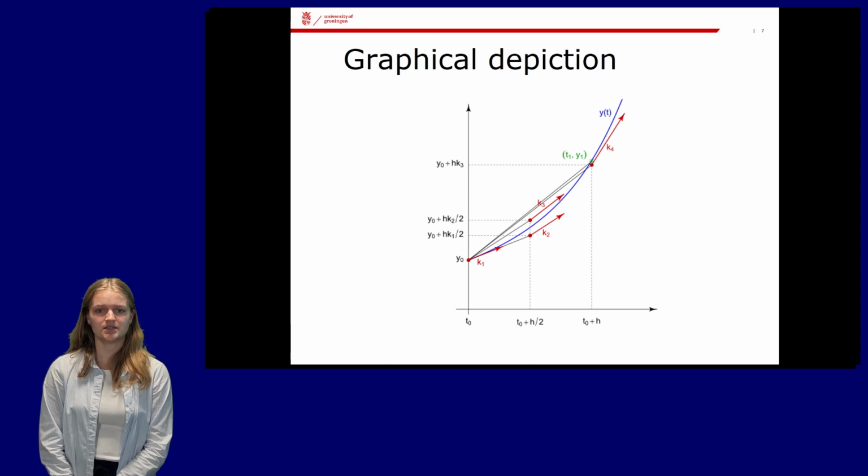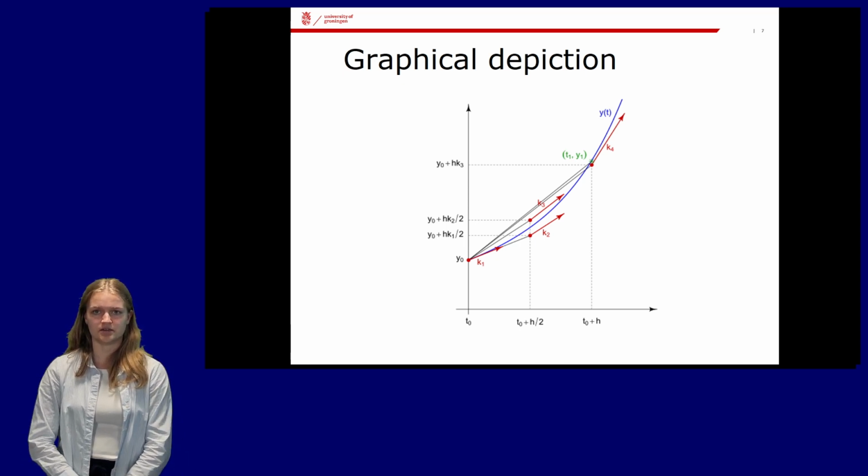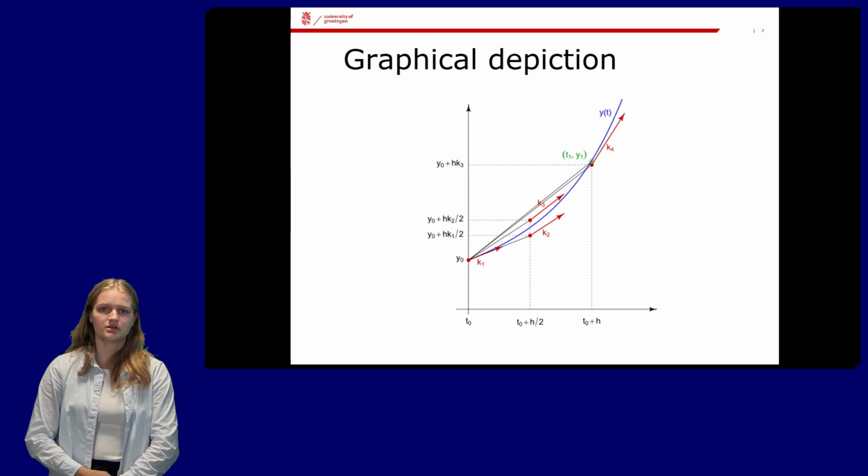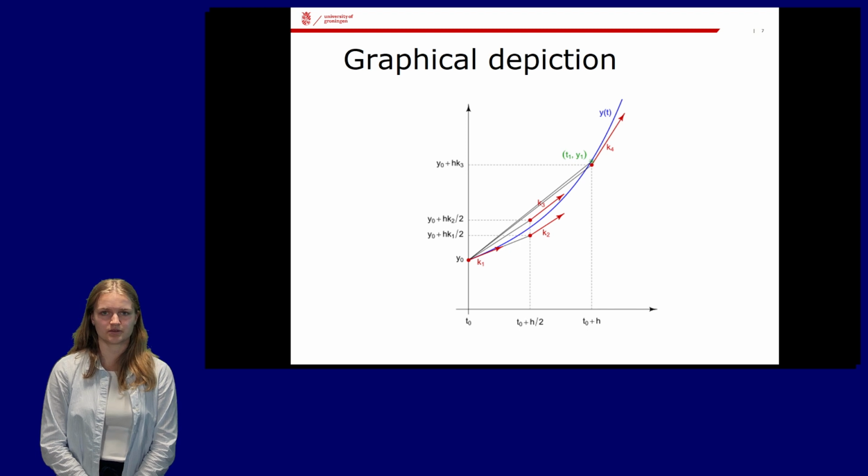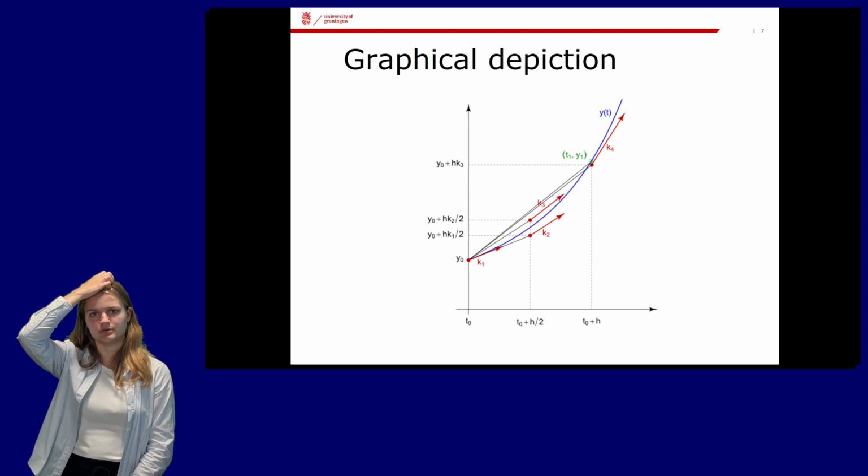So you can see it is depicted graphically here in this figure. Like I said, k1 is calculated from the beginning of the interval. In this case, instead of x, we will use t.